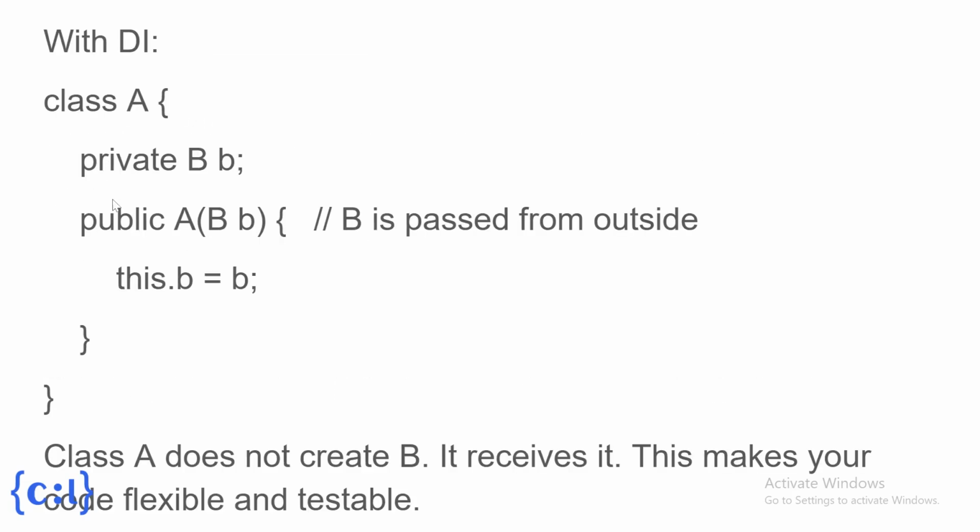So with DI, the dependency, which is B, is injected from outside. This is constructor injection, in which case the dependency is injected from outside by the runtime engine. Class A does not need to create B, it receives it. This makes your code flexible and testable.